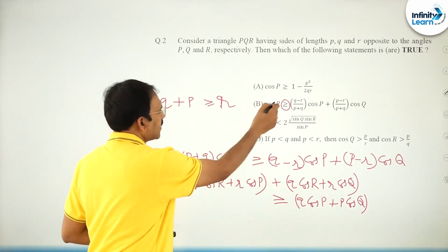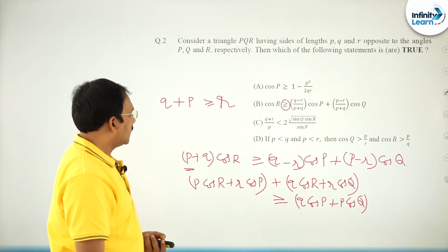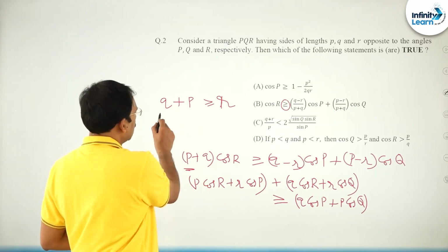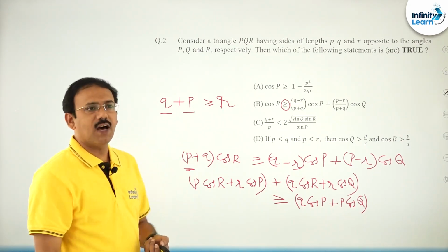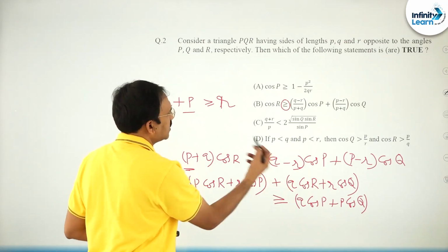If it is strictly greater than, it is correct, otherwise not. Clear? That is all. Because this is Q plus P, the sum of any two sides is always greater than the third side. This should be strictly greater than, in that case this is valid.